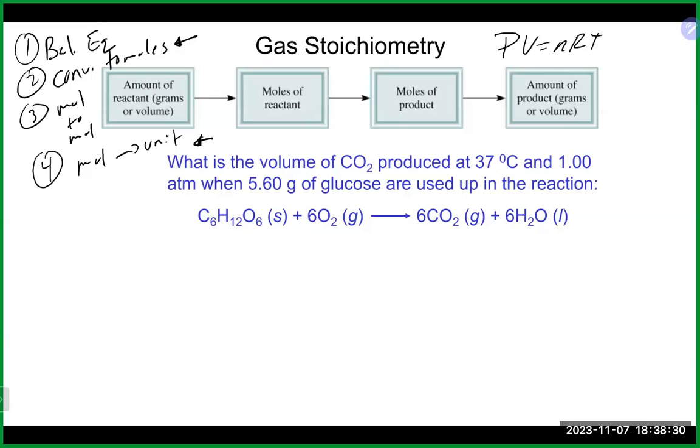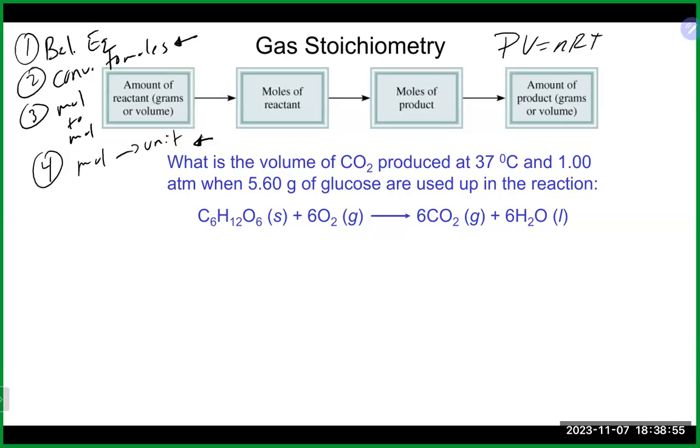The only other thing that you do need to watch out for in a gas stoichiometry problem, solution stoichiometry problem, doesn't really matter what type of stoichiometry problem, is: is it a limiting reagent problem or not? So you always got to keep that in the back of your head. A reminder that the way you can determine if it is a limiting reagent problem is you have enough information, whatever information is given to you, to get to the moles of both reactants.